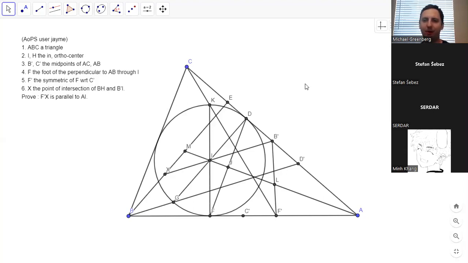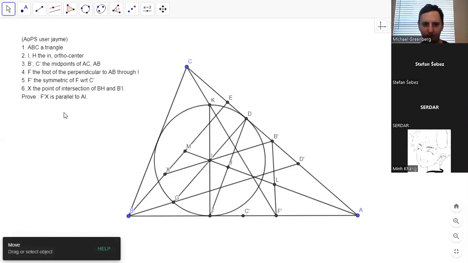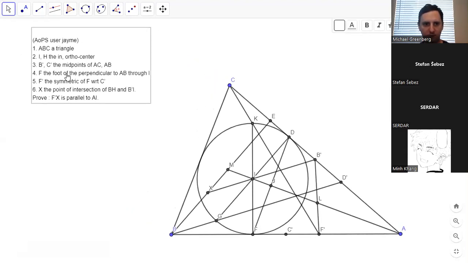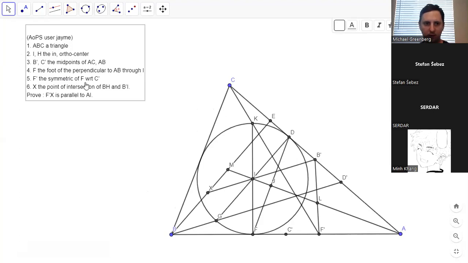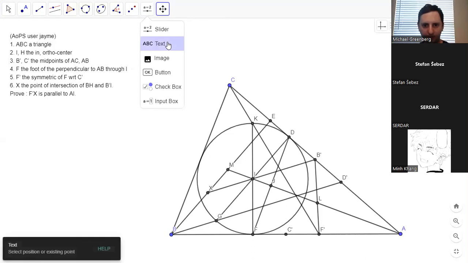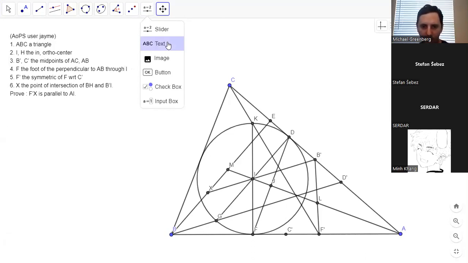But yeah, so maybe I'll write out both of them. First, I'll write out Serdar's solution. Then I could do it Stefan's way. So yeah, BM over ME is AB over AE. And we want to find BX over BM.